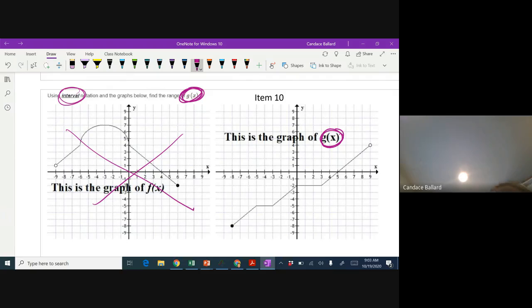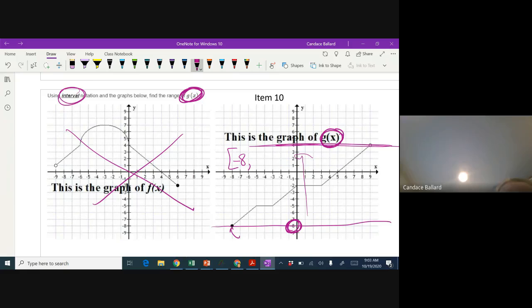All right, so if x's were the domain, then y's have to be the range, and I start at the very bottom. I'm noticing my y value here is -8, and it's closed, so I would use a bracket. And I'm going to keep going up until I hit my very last y value.